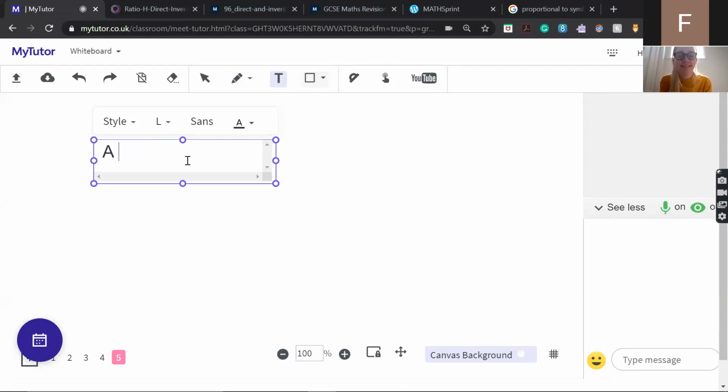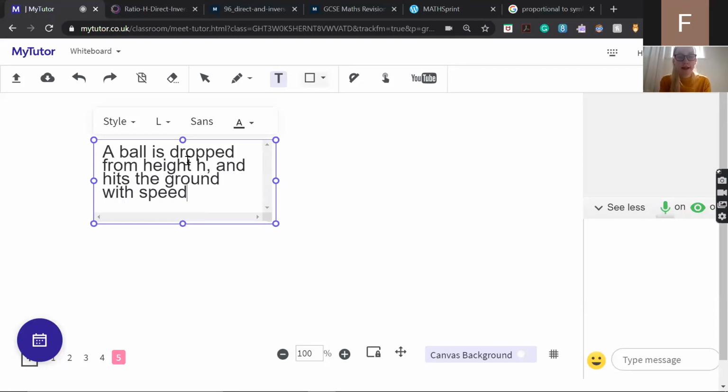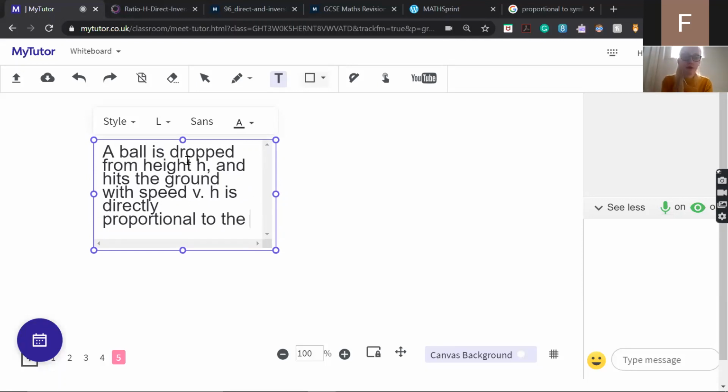Okay. A ball is dropped from height h and hits the ground with speed v. H is directly proportional to the square of v.